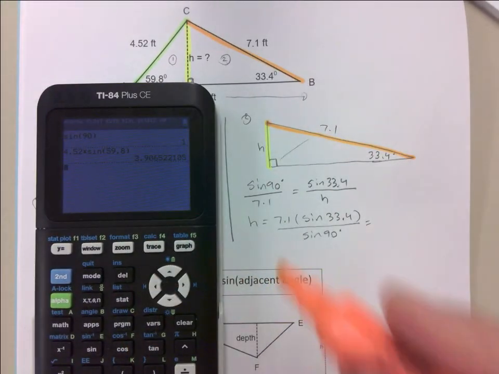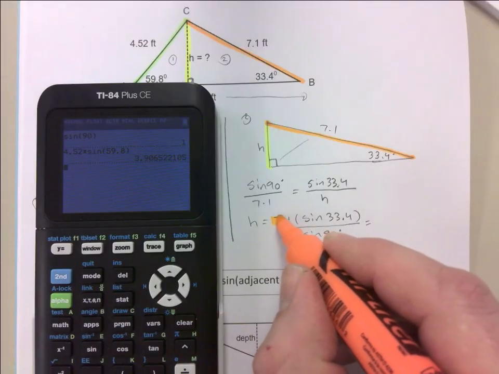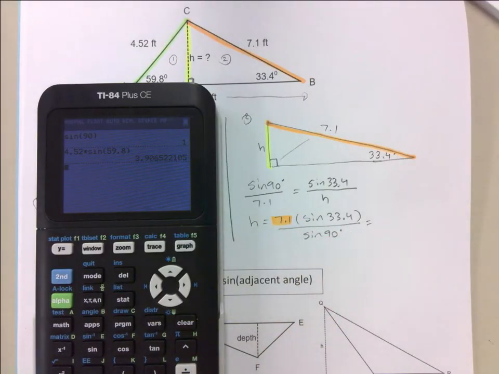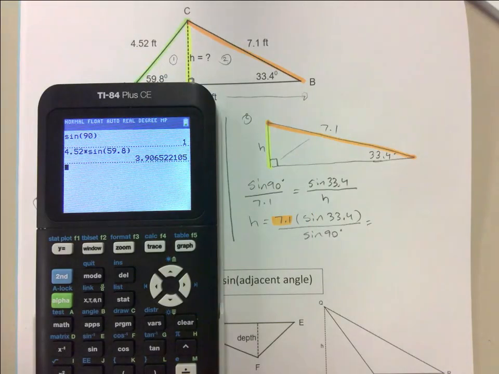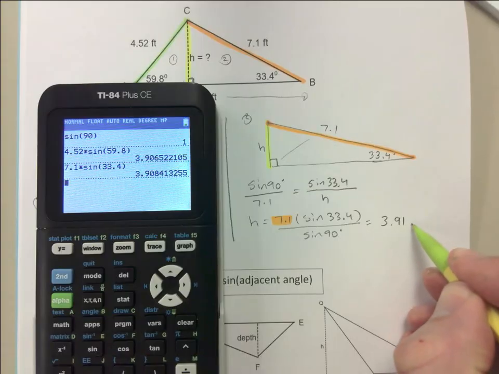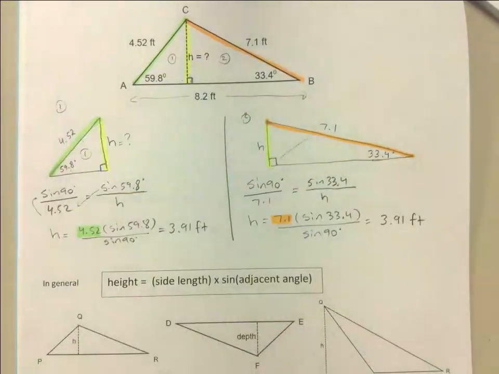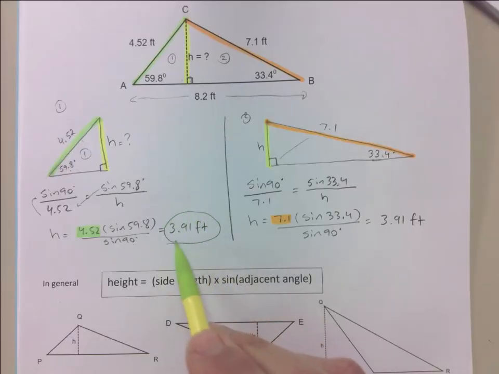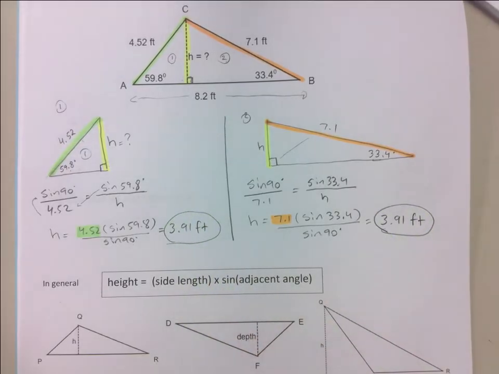I'm going to highlight the 7.1 with the same color of the slant, and then just go 7.1 times sine of 33.4. And lo and behold, I get 3.91 feet. We're not surprised by that. We got the same answer no matter which one we used.